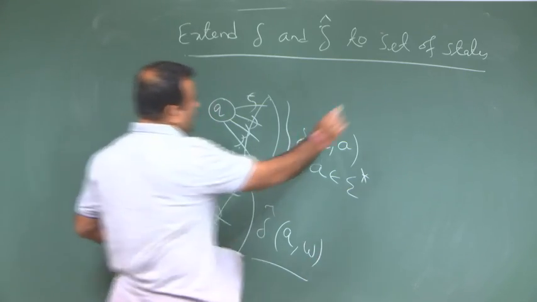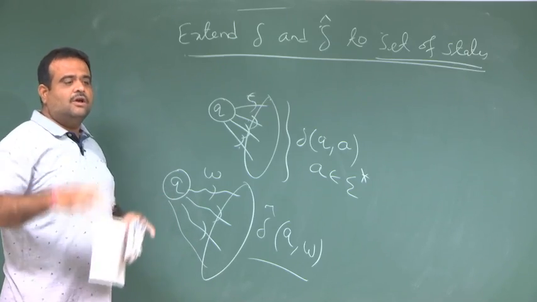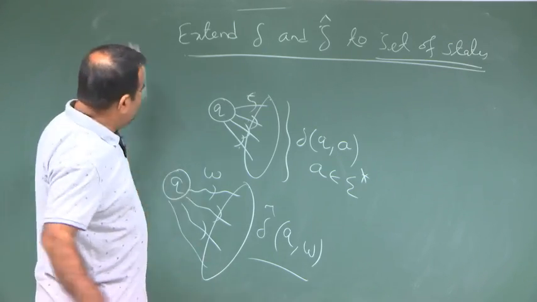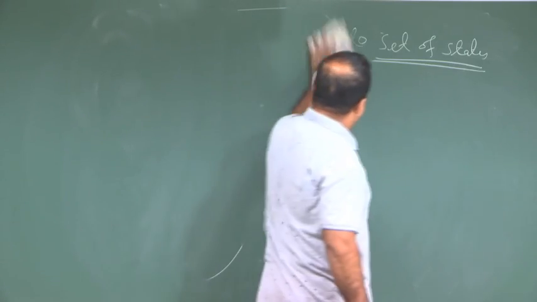Now, we want to define this on a set of states. Instead of a state, if we have a set of states, from that set of states, where can we go? That is basically just the union.